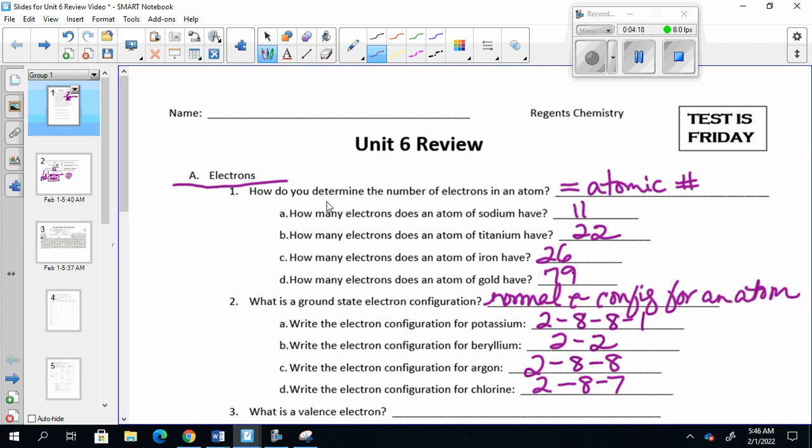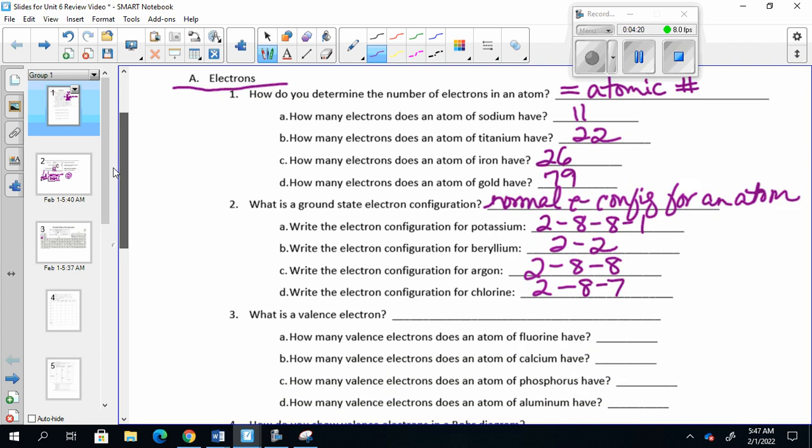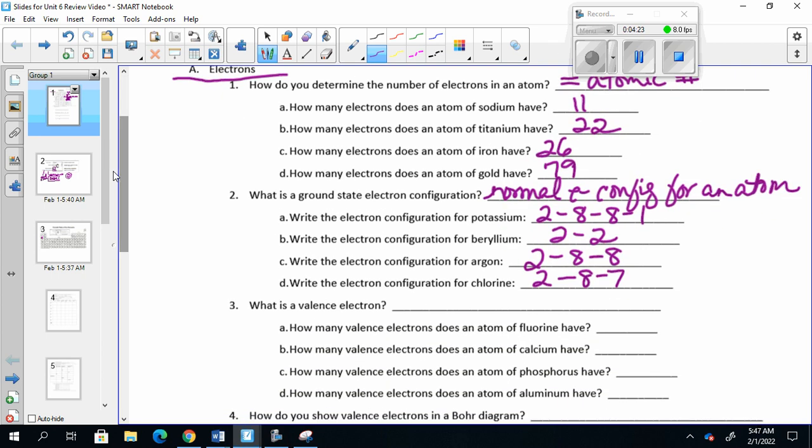All right, and then once we understood that arrangement of where they were located, we put a word to it and we said, okay, the outermost electrons were the valence electrons. So if I was looking at each of these here, the valence is the last one. This is the closest to the center of the atom, and this is working its way out.